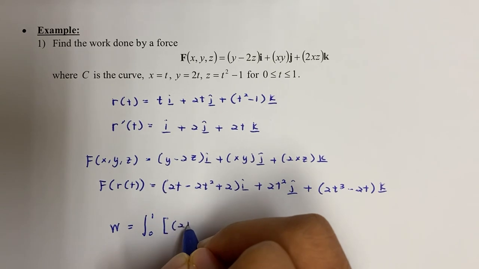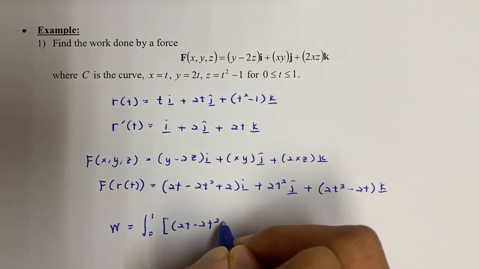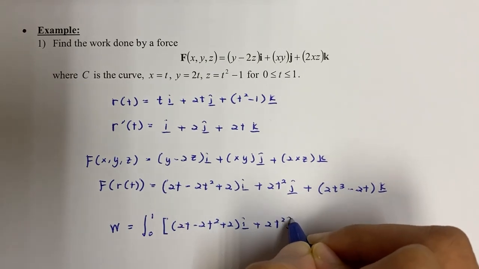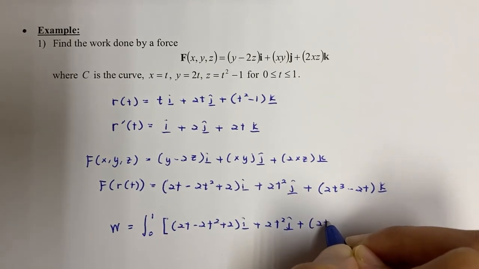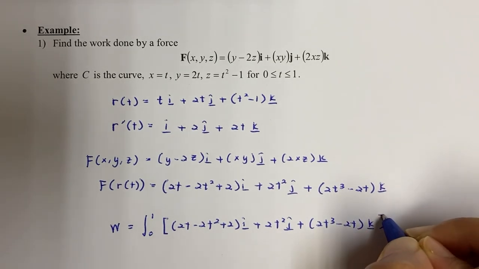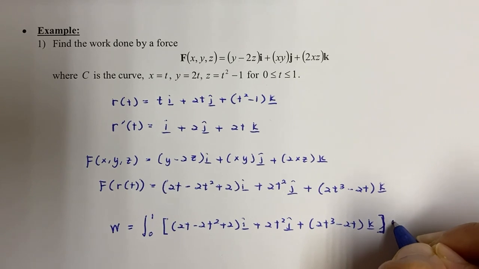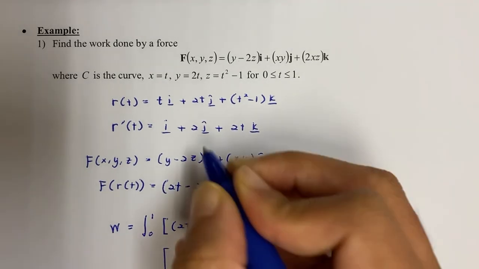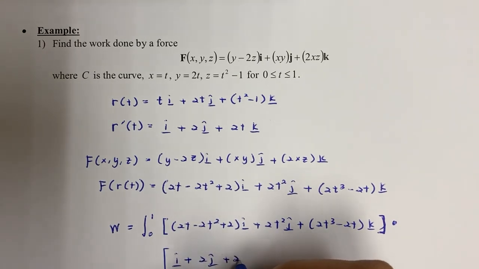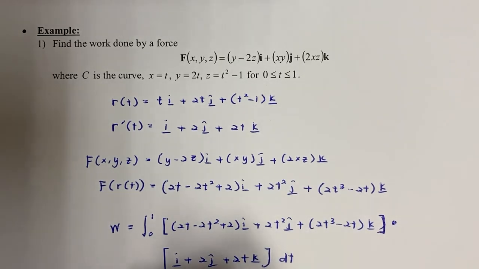F(r(t)) is (2t minus 2t squared plus 2)i plus 2t squared j plus (2t cubed minus 2t)k, dot product with r prime. r prime is i plus 2j plus 2tk, dt, from 0 to 1.